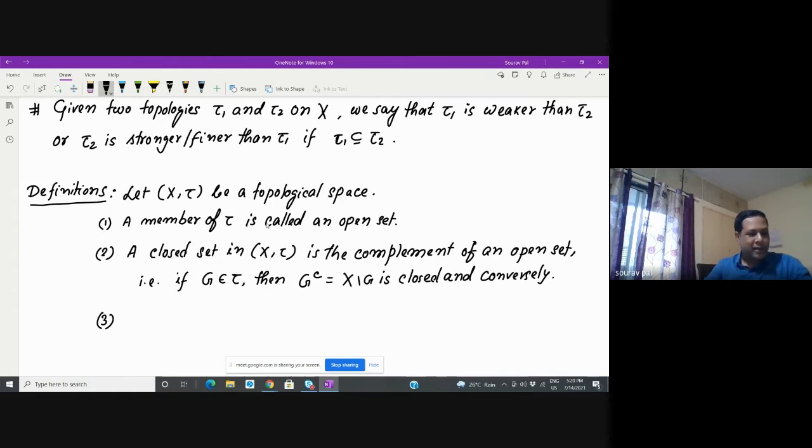So what is the interior of a set? The interior of any set in X is the largest open set contained in that set.